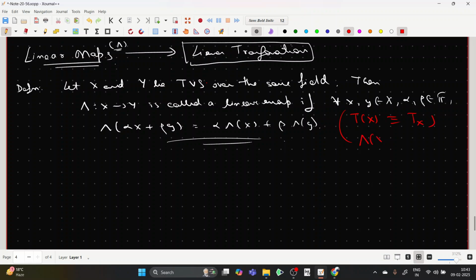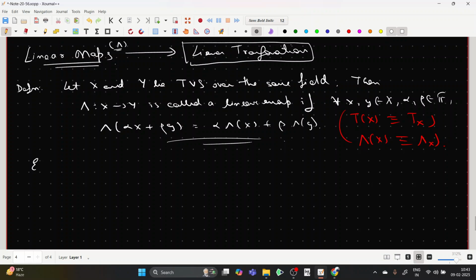Here we will also abbreviate it to lambda x, whenever we get a chance. Okay, mathematics is all about being lazy, right? Moreover, if I have a linear map from a topological vector space to its field, then we call it a linear functional. I am not writing it out explicitly, but I guess that you all should know.